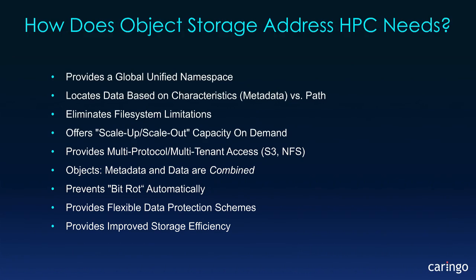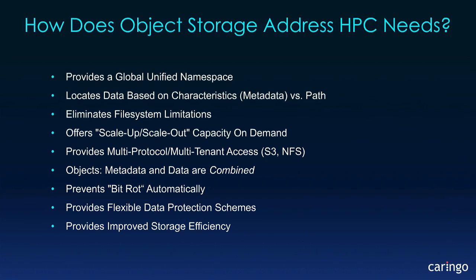Naturally, when you're dealing with objects, you want to make sure that the metadata and data are combined together. What that means is that an object is actually its content: the PDF, the spreadsheet, the raw data from a sensor, for example, that may be coming in and stored in the system, but also the metadata, the characteristics that are stored with it.